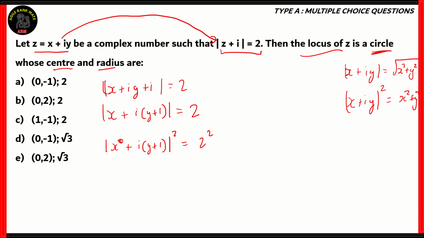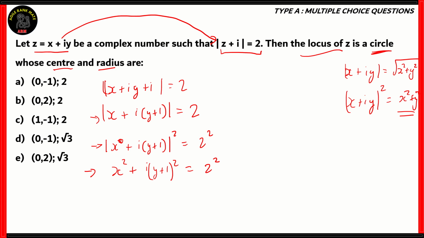This whole term here can be replaced by x squared plus y squared, which is the same thing as x squared plus y plus 1 the whole squared equals 2 squared.